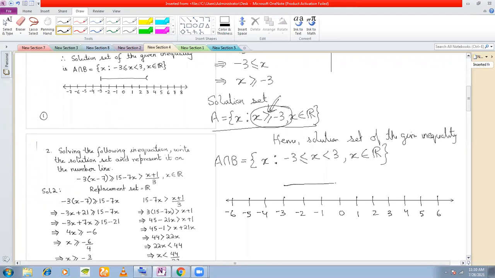So you draw a vertical line between -3 and 3. And which one will be a curved line and which one will be a straight line? See, -3 has an equality. So above -3, we'll give a straight line. And 3 does not have an equality here. So we'll give a curved line like this. Okay, so I hope this is clear.